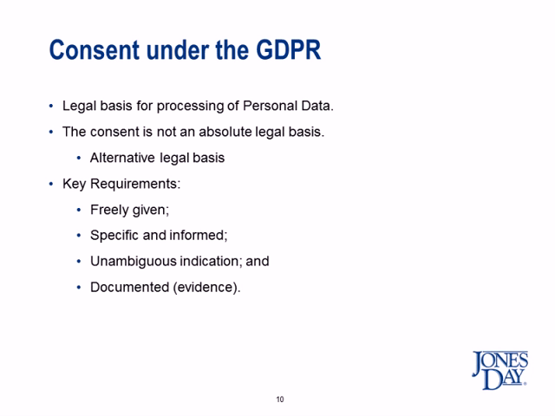Silence, pre-ticked boxes, and inactivity cannot be used as a valid way to obtain valid consent. Secondly, the consent must be unbundled. This means that consent requests need to be concise, separate from other terms and conditions, and in clear language that explains to the data subject how the data will be processed.